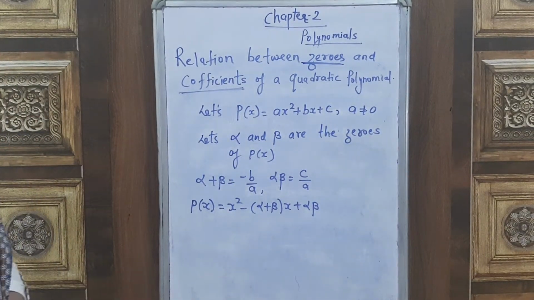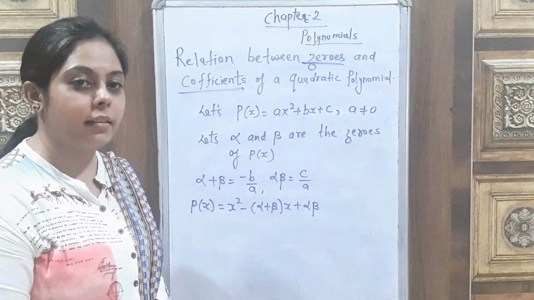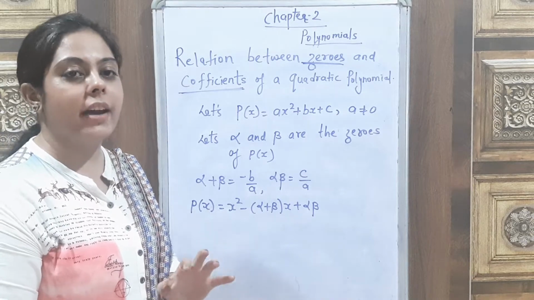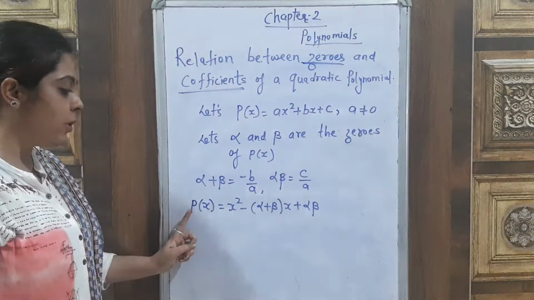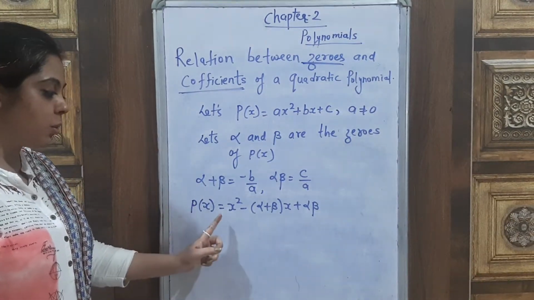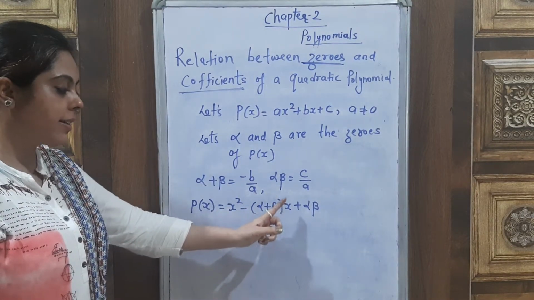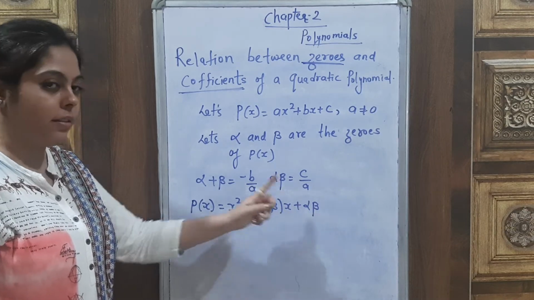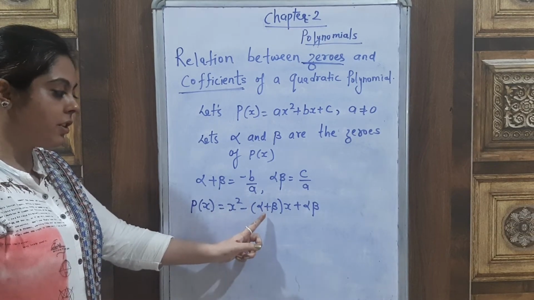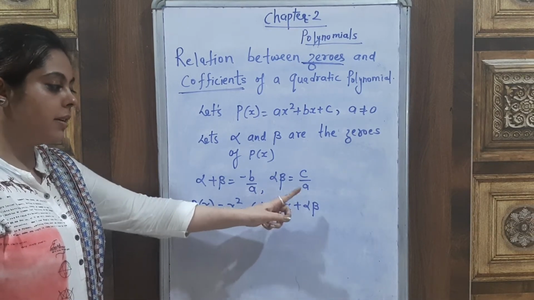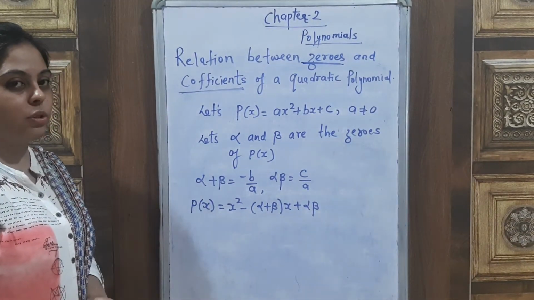And listen carefully, if we have the zeros alpha and beta, so we can write a quadratic polynomial as p(x) = x² - (alpha + beta)x + alpha·beta, or p(x) = x² - (sum of zeros)x + product of zeros. So these two formulas you have to note down in your copy.